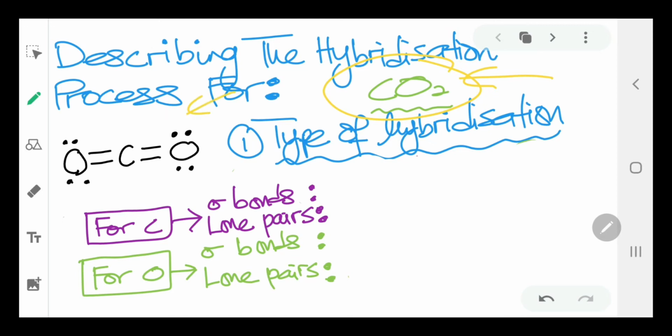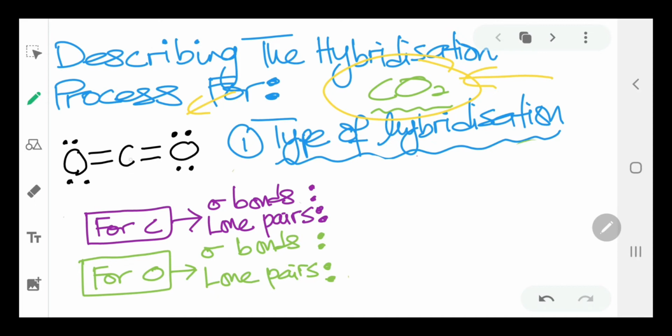Before we find out how many unpaired electrons, the ground state, the excited state, and hybridized state, it's better to do a very simple prediction. We want to know what type of hybridization is involved in the central atom carbon.